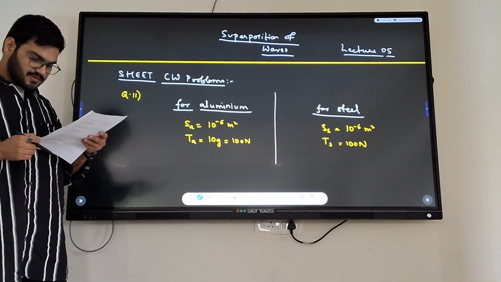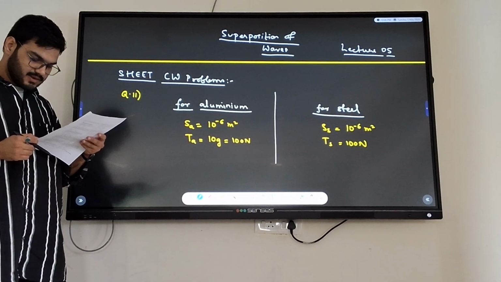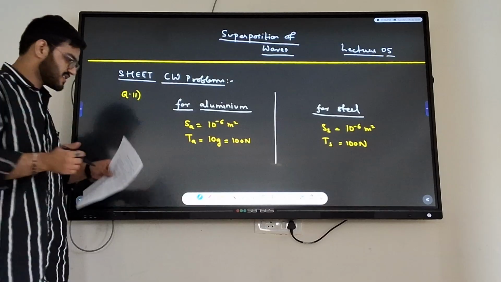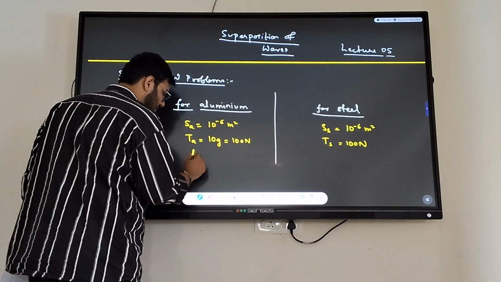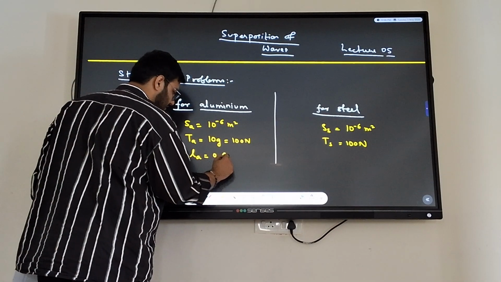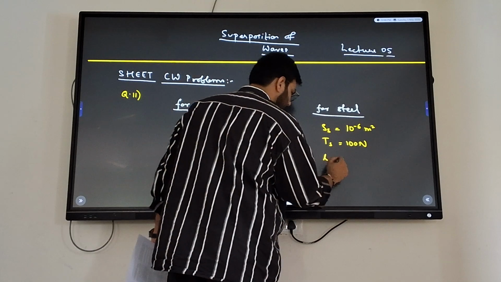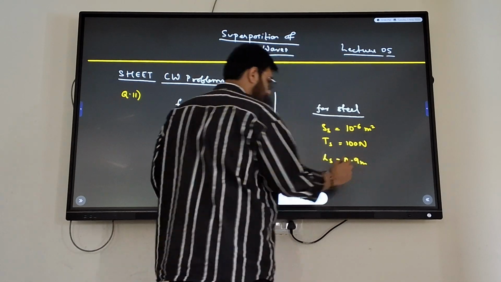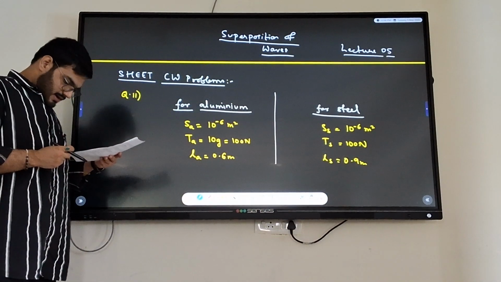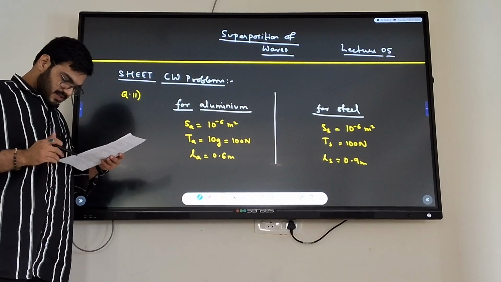The total length of the wire is 1.5 meter and the aluminium part is 0.6 meter. So the length of aluminium is 0.6. Then what will be this? 0.9 meter. And transverse vibrations are set up.